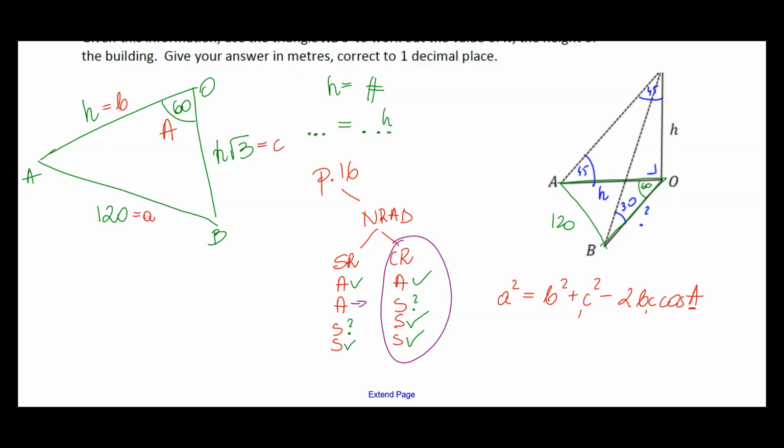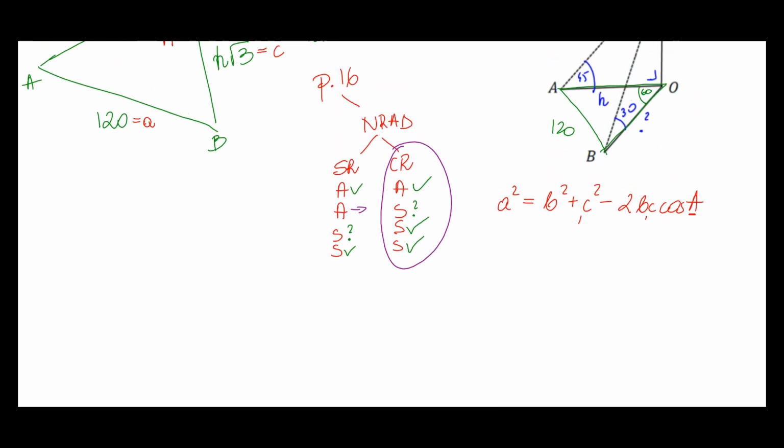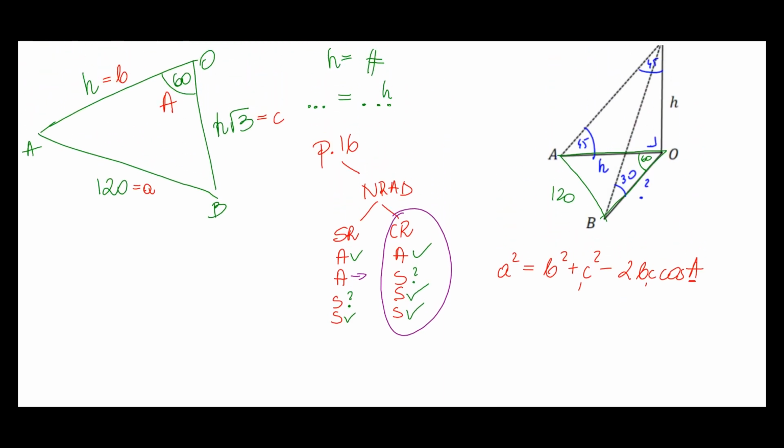So now I can write an equation replacing those letters with the values from my example. So a is what? 120. 120 to the power of 2 equals b, which is h, to the power of 2 plus c, c is h square root of 3, to the power of 2 minus 2 multiply again b, which is h, multiply by c, which is h square root of 3.